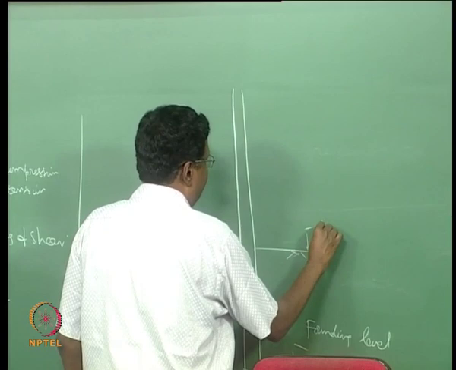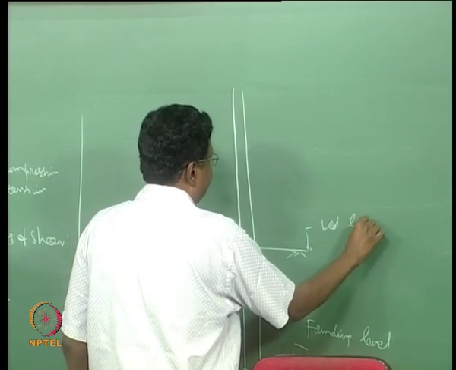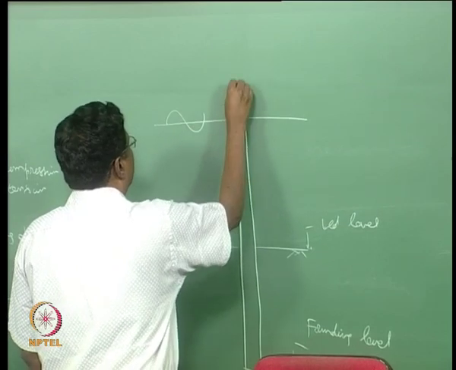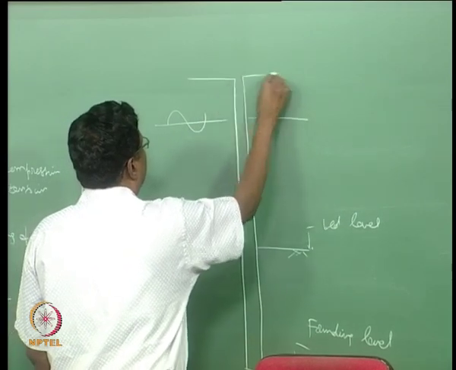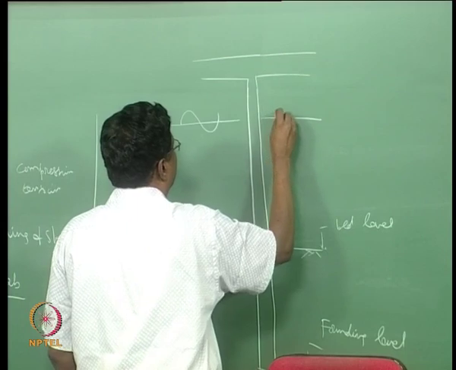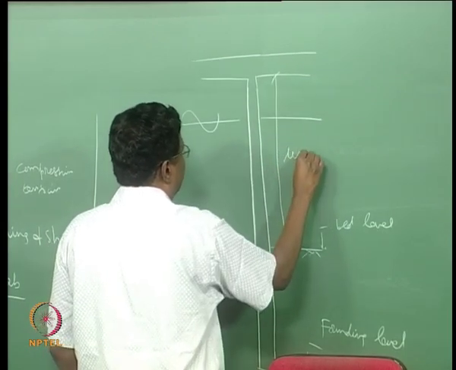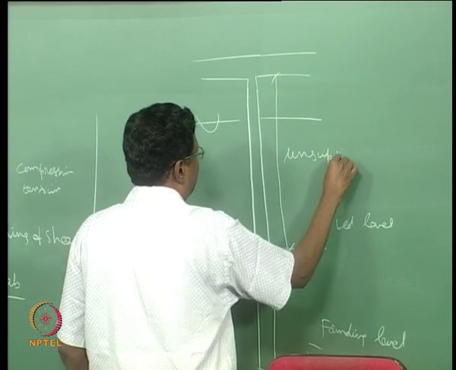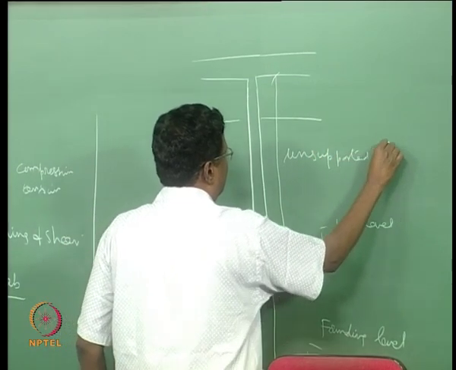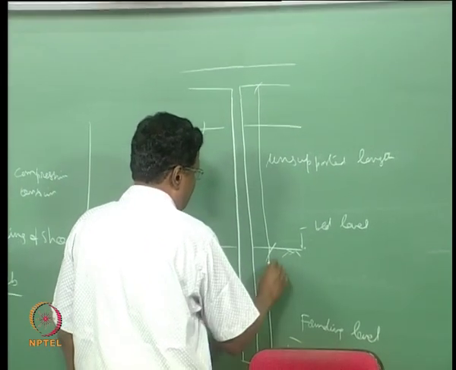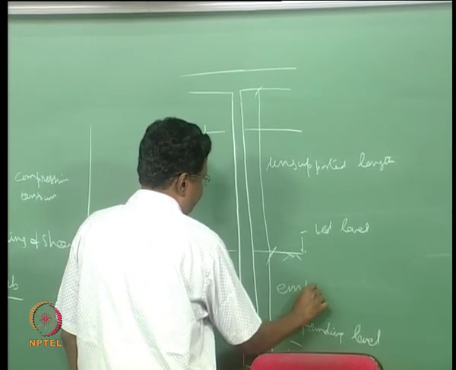This is your bed level, this is your water level which varies, then we will have the deck here and this is your unsupported length, this is your embedment length.